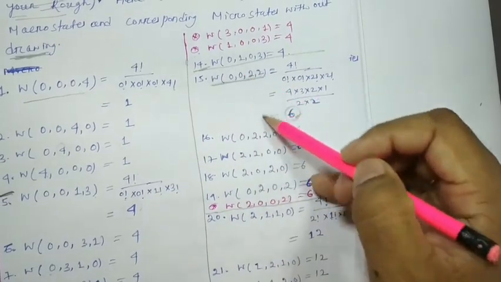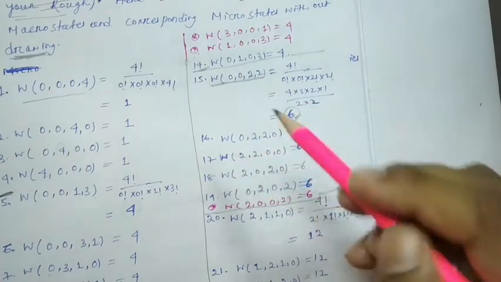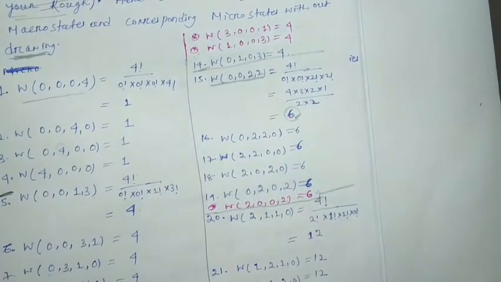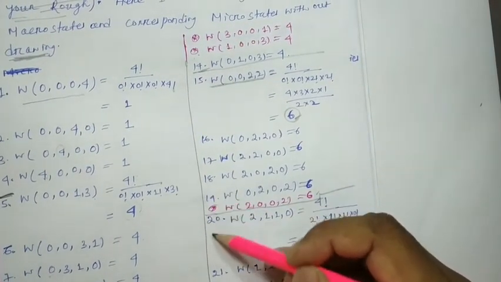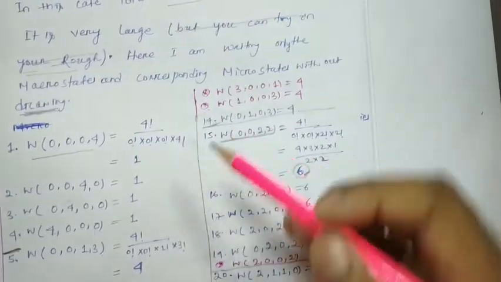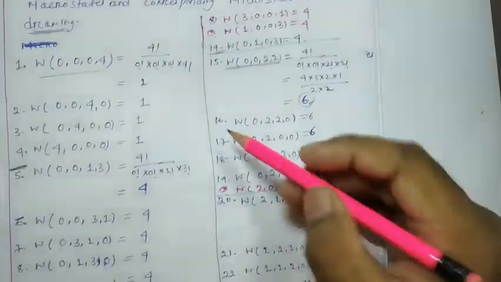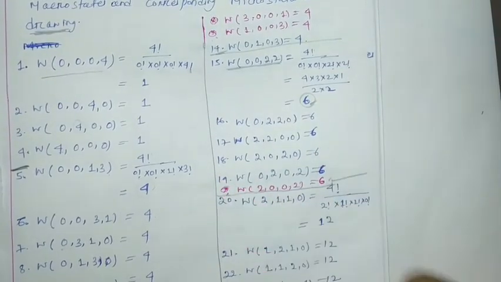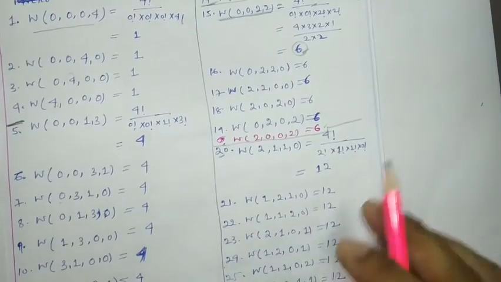These are the possible macrostates, and all of them have corresponding microstates 6, 6, 6, 6, 6. So here also you just correct the numbering: this is 13, means 14, 15, 16, 17, 18, 19, 20, 21, 22, like that; then this will be 23, 24.